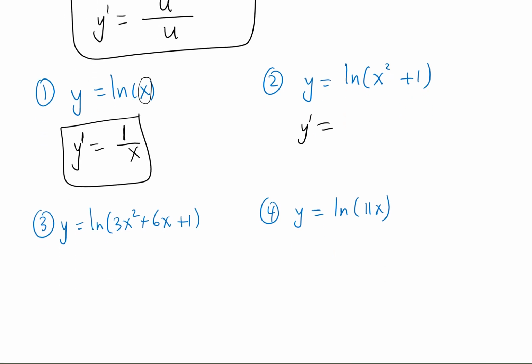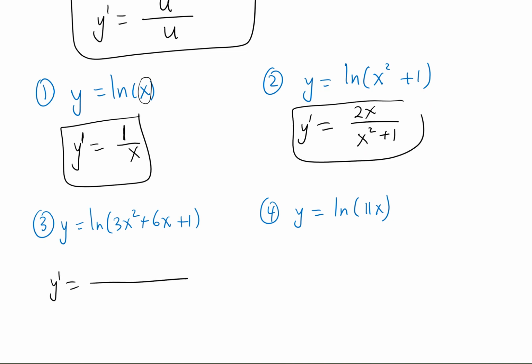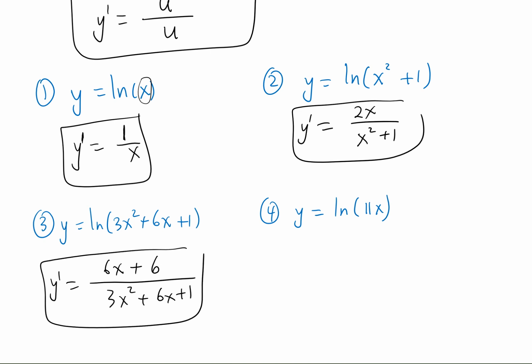So y prime is 2x over itself. Y prime is 6x plus 6 over itself. Y prime is 11 over itself. They cancel.